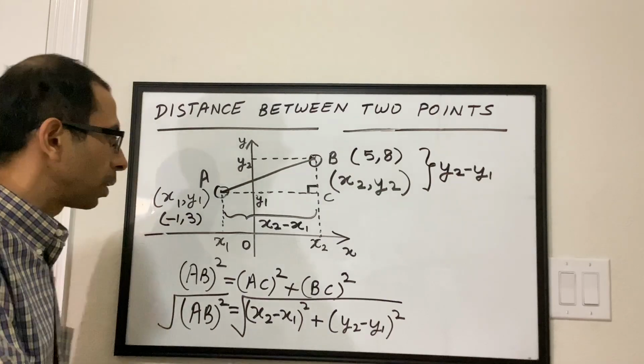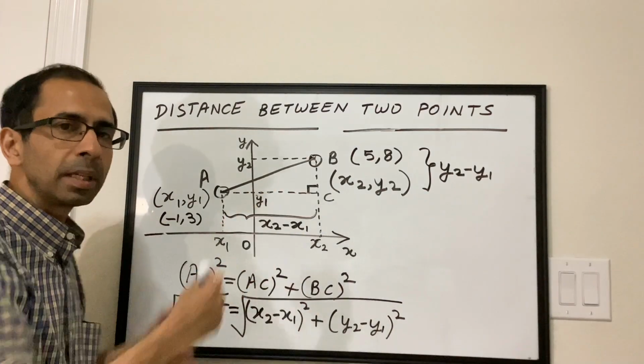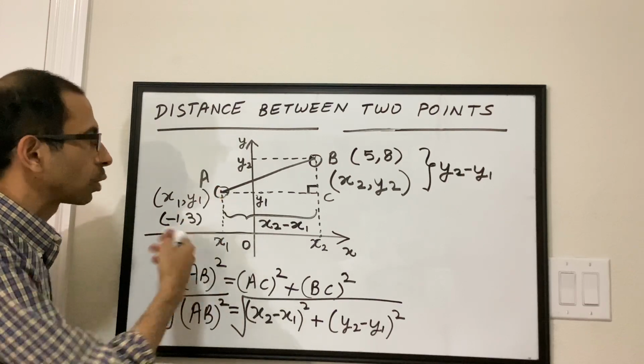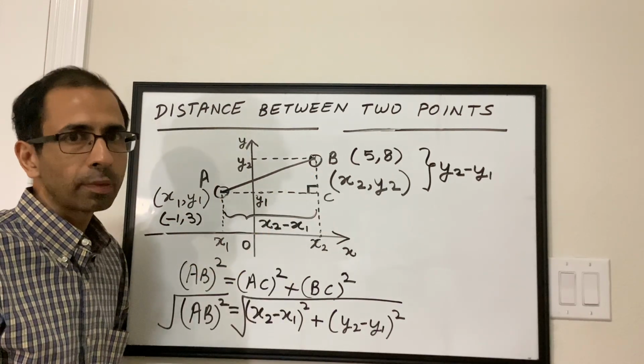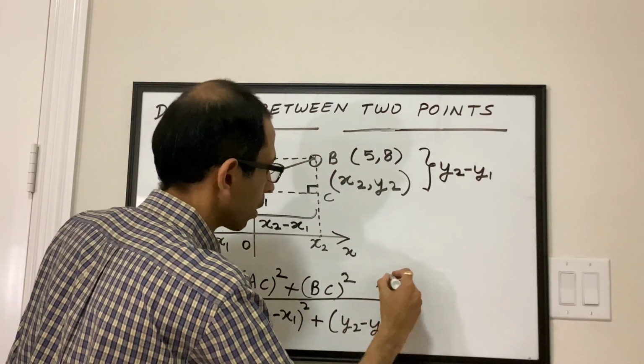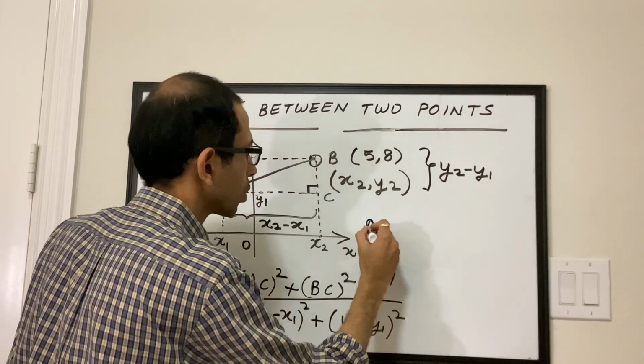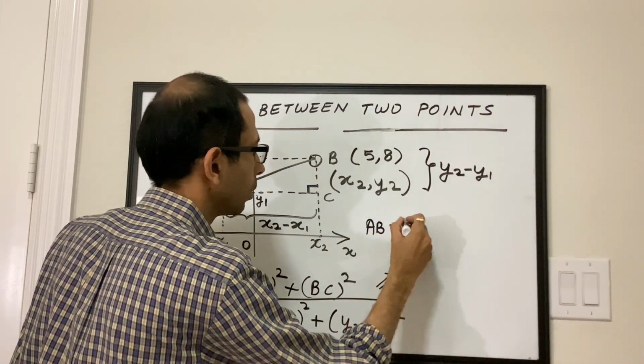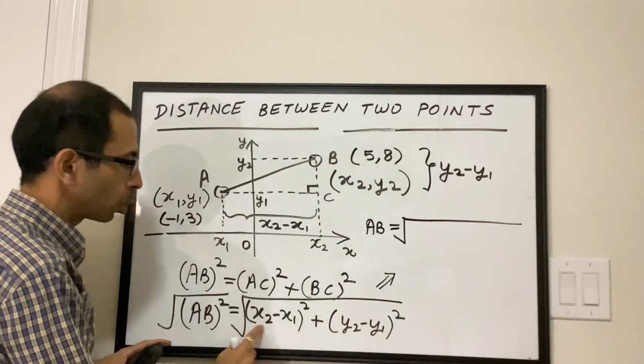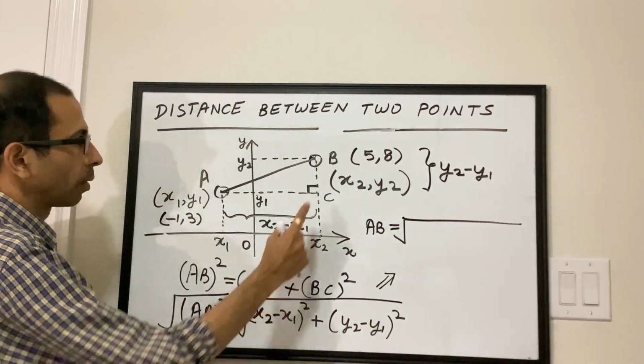Let's now use this formula to compute the actual length of AB in this example, where point A is -1 comma 3 and point B is 5 comma 8. So in this example, AB will be equal to the square root of x2 minus x1 whole square.